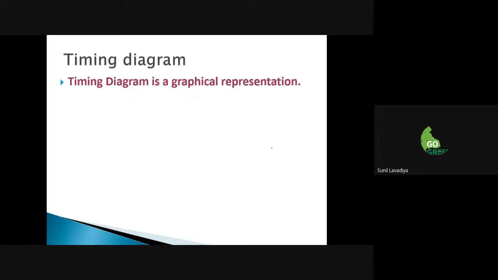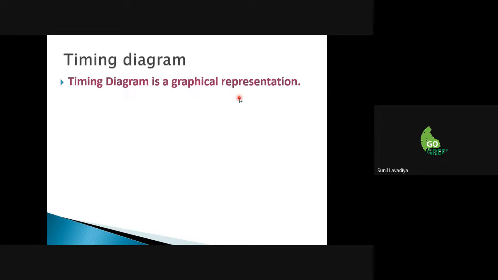Now the question is based upon that we have to make one diagram, whatever we have seen in the Jubin simulator. So what is an actual timing diagram? A timing diagram is basically a graphical representation, because it's always easy to look at the graph and analyze all the things.